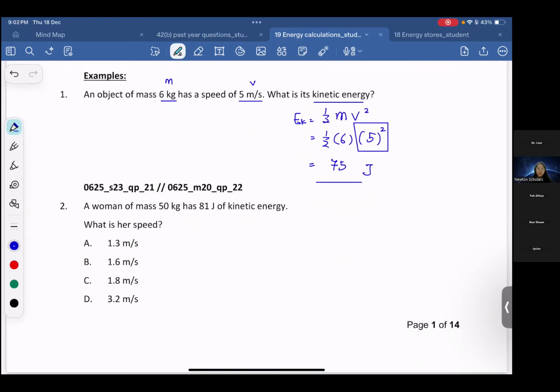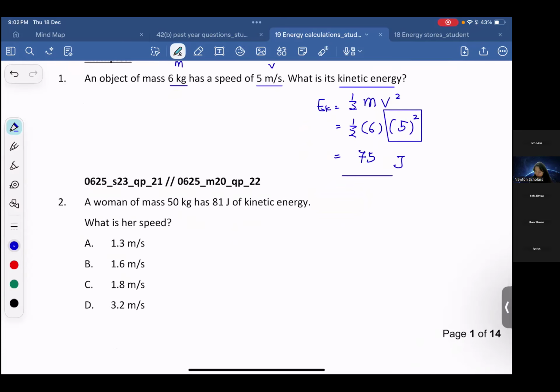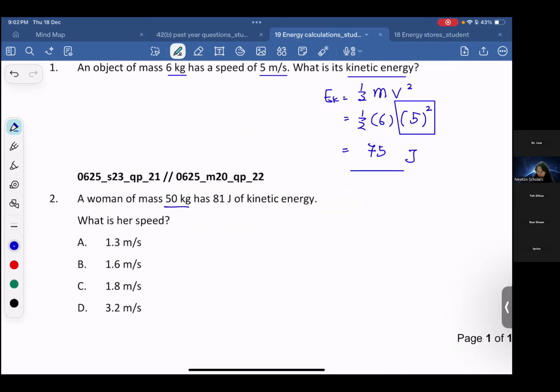Okay, can you try our past year question 2023, 2 years ago? A woman with 50 kg, write down m kg. So I know that is measuring the mass. 81 joule is the energy, kinetic energy. Can you calculate the speed? Okay, do your calculation right now.